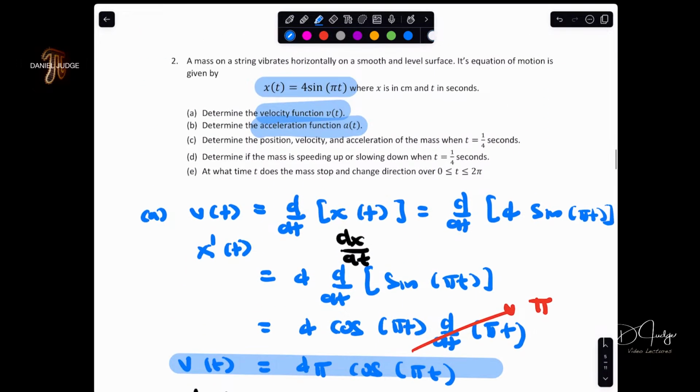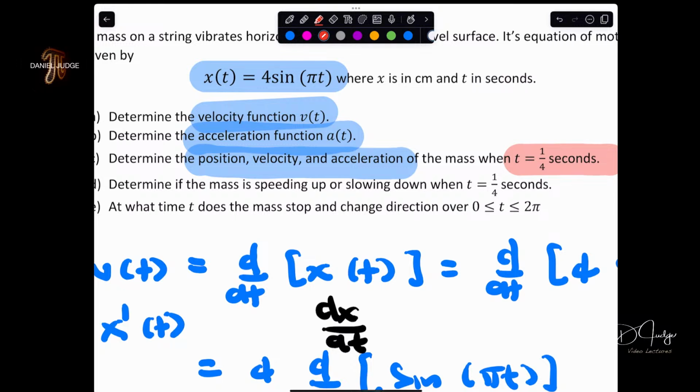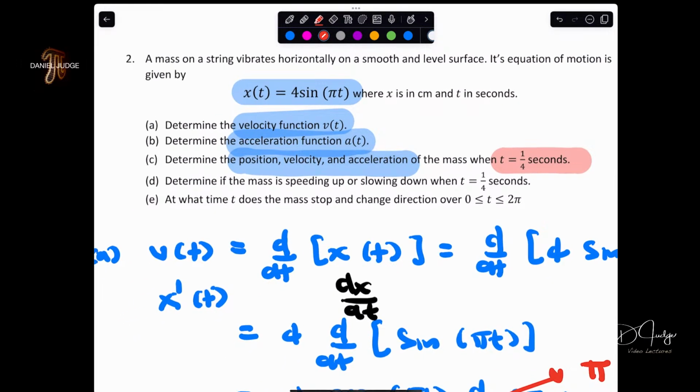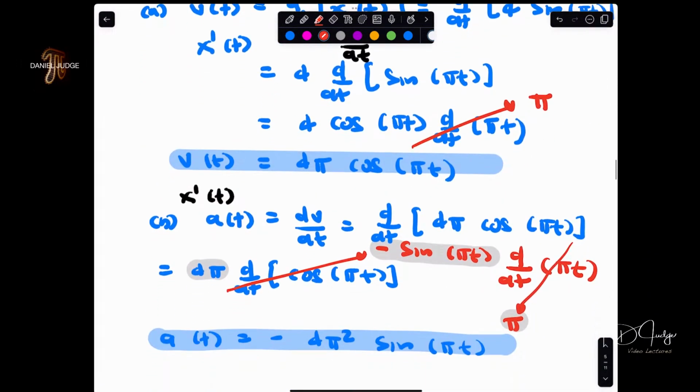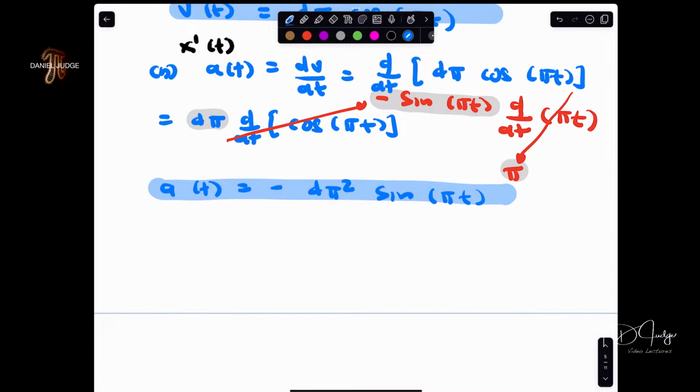All right. They now want us to determine position, velocity, and acceleration when time is 1/4 of a second. So in question C, this is AB, 1/4 of a second now.